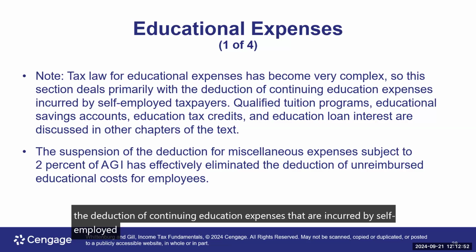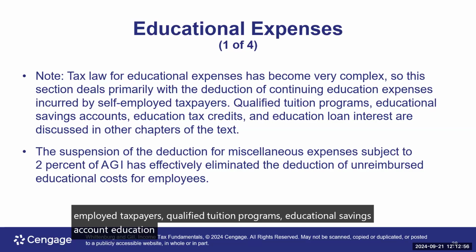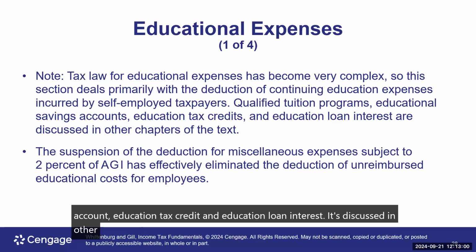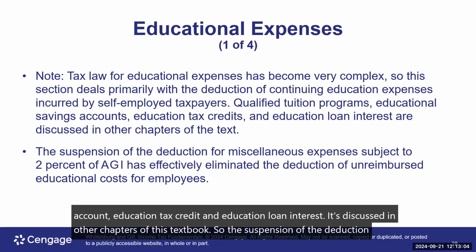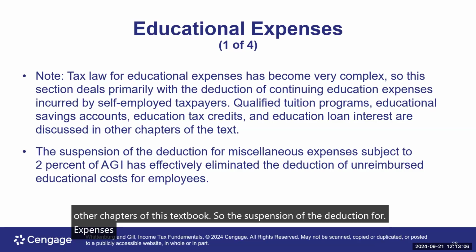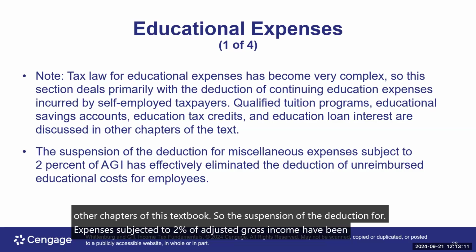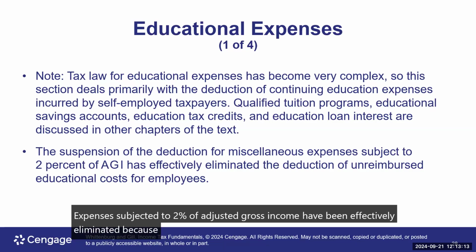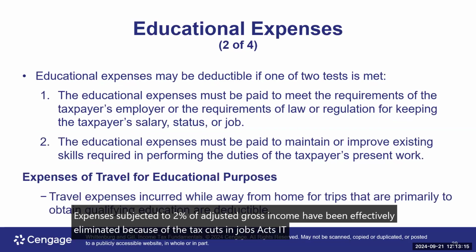Qualified tuition programs, education savings accounts, education tax credits, and education loan interest are discussed in other chapters of this textbook. The deduction for miscellaneous expenses subject to 2% of adjusted gross income has been effectively eliminated because of the Tax Cuts and Jobs Act. So there was a very big change with the TCJA.